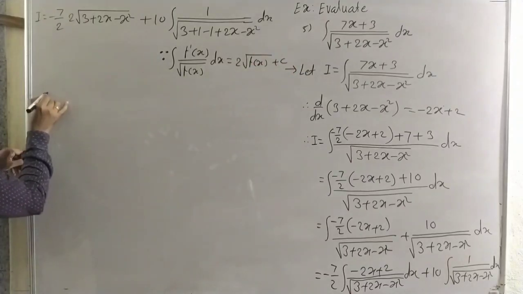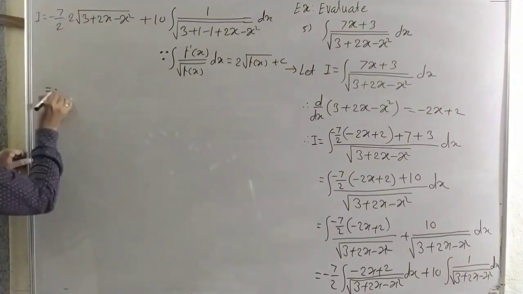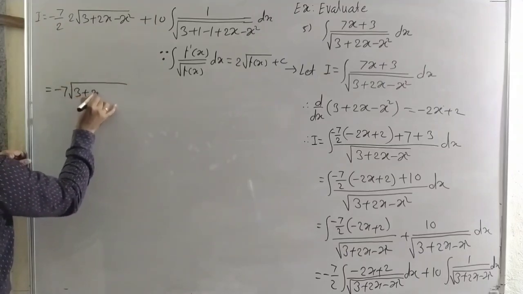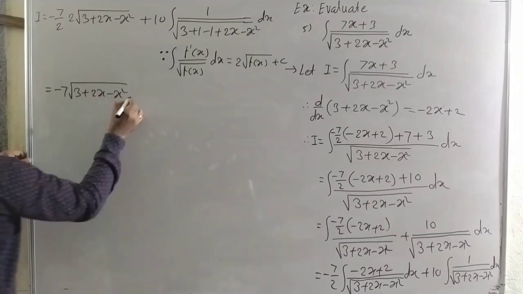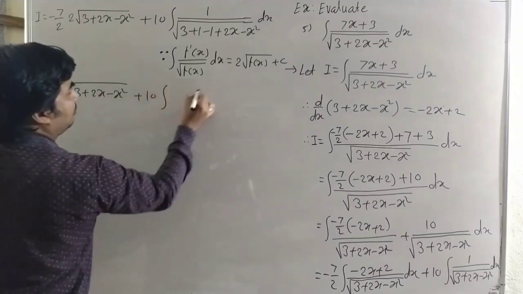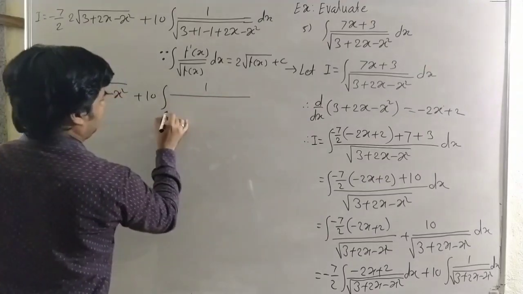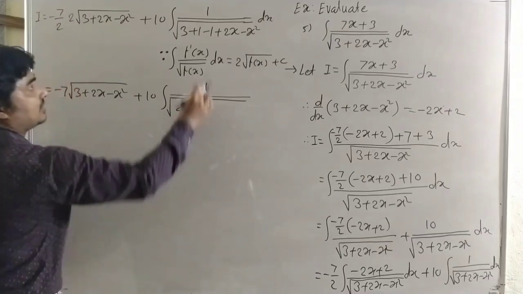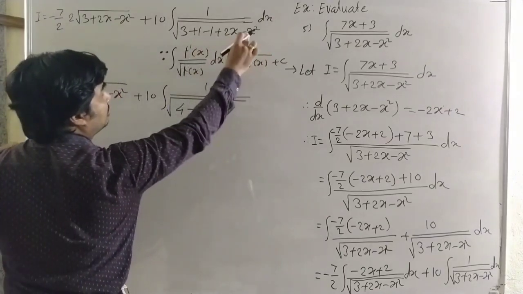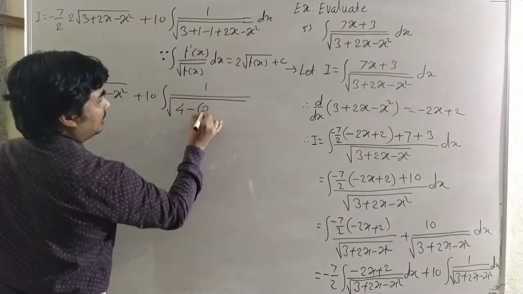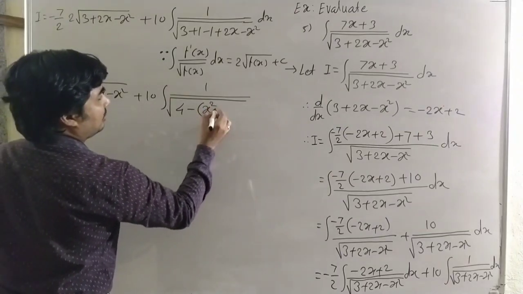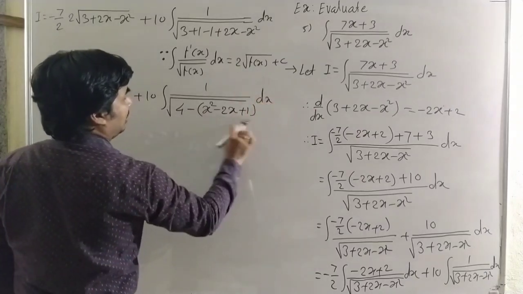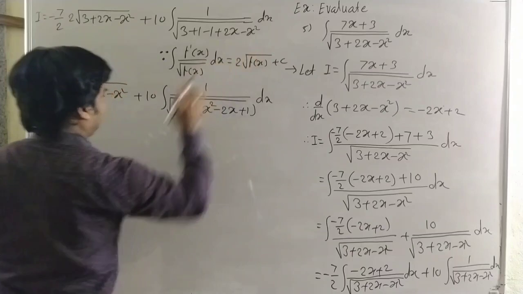Now this 2 gets cancelled, it is minus 7 into under root of 3 plus 2x minus x square, plus 10 into integral of, see carefully here, 1 upon under root 4, and we can take minus common in these 3 terms because the square term is negative. So minus gets common: plus x square minus 2x plus 1 dx. We can take minus common in these 3 terms.